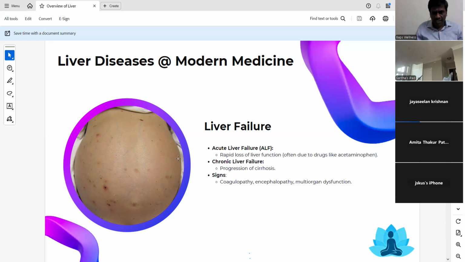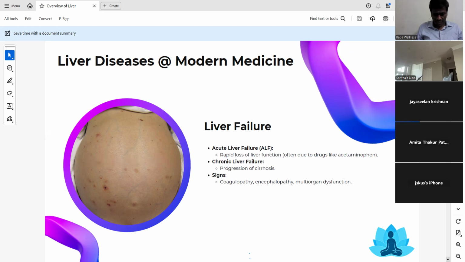There are two conditions: one is acute and one is chronic. Chronic is due to cirrhosis, and acute is mostly because of some sudden infection or drug induced. The signs are coagulopathy, which is blood clotting related, encephalopathy, and multi-organ dysfunction, because the liver controls the management of toxins in the entire body.